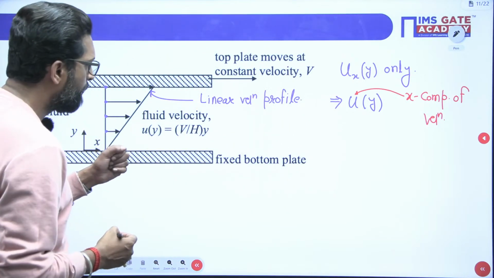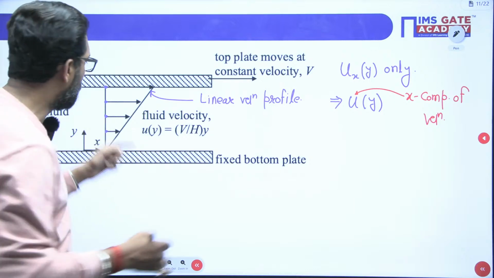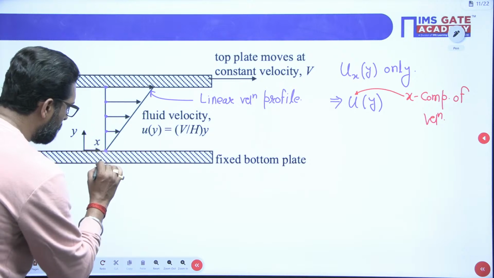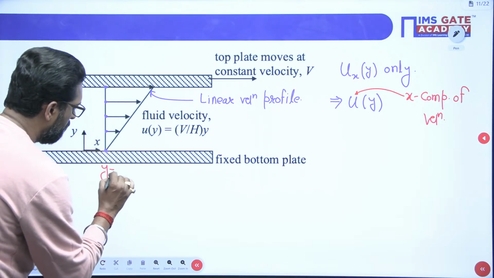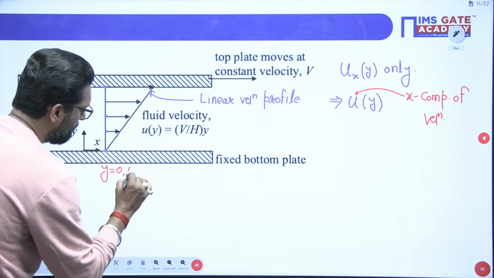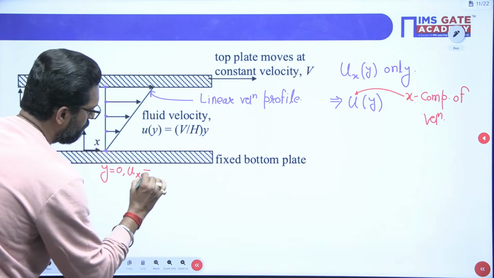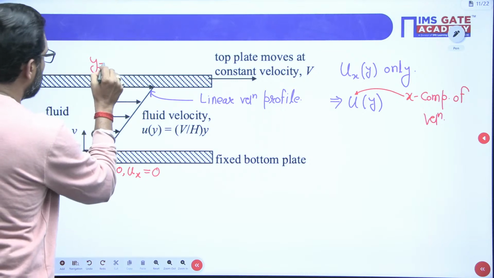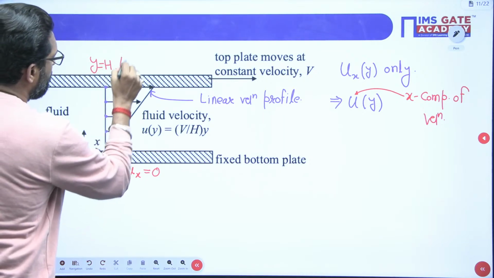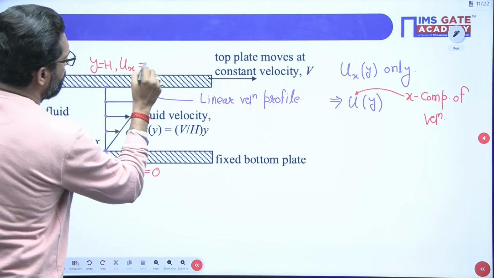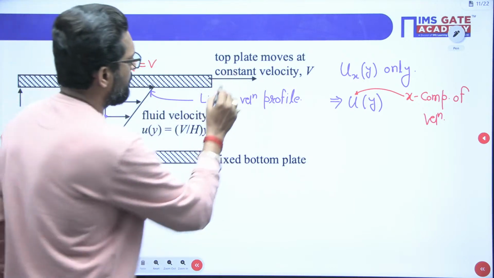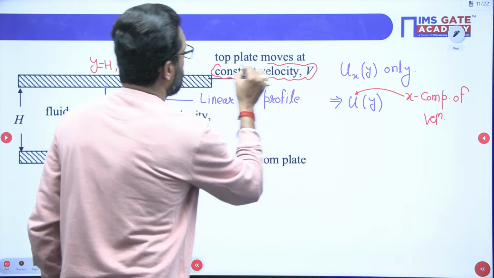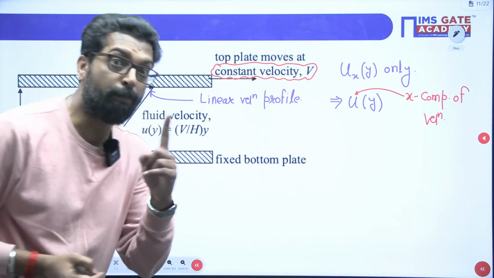Now, if you apply the linear relationship, that means the boundary condition, at the point where y is equal to 0, the velocity in x direction is 0. Here y is equal to h, the velocity in x direction is V, and mind it, this is constant velocity, very important. So all the points are very important here.